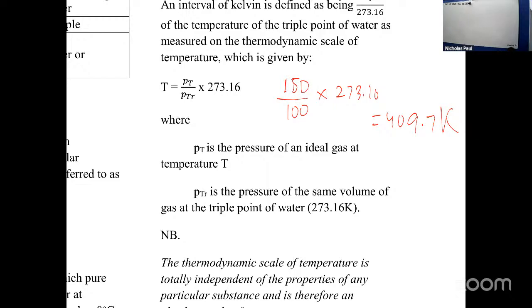Last one, try this last one here. Number 2: a constant volume gas thermometer has a pressure of 101.3 kilopascals at the triple point of water.